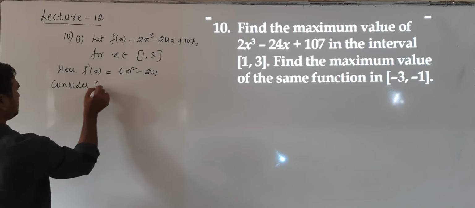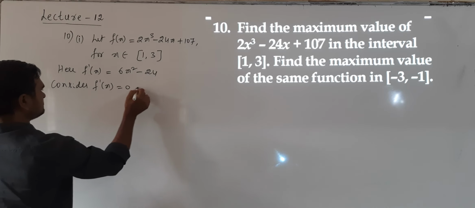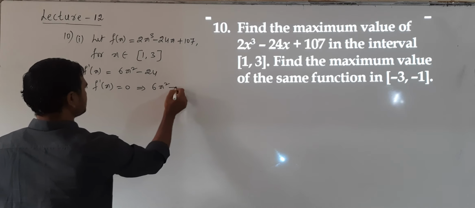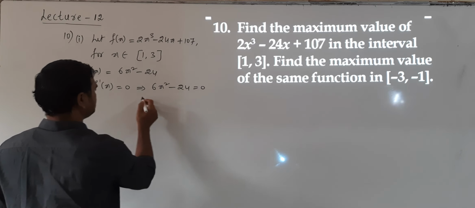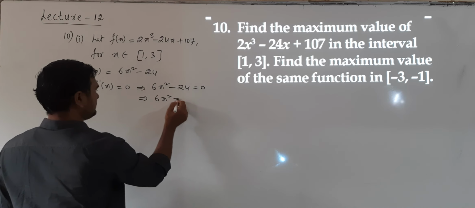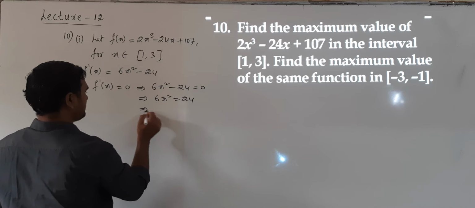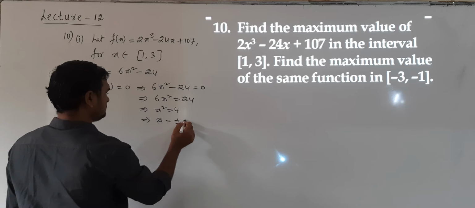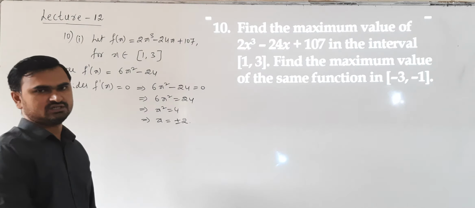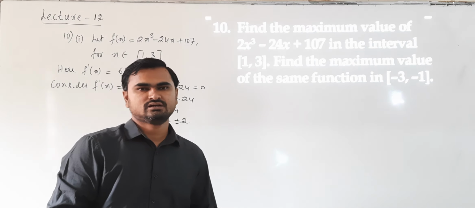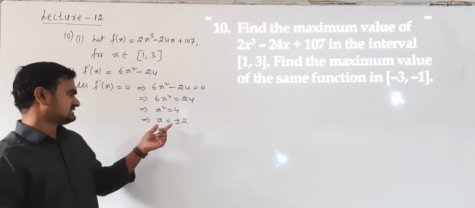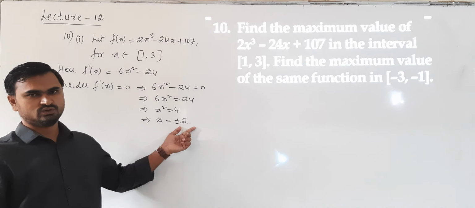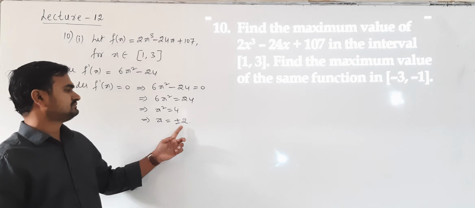So consider f dash x equal to 0. 6x square minus 24 is 0. 6x square is 24. X square is 4. X is plus or minus 2. Okay, so we are getting two critical points. X is plus or minus 2, but can we take minus 2 here?